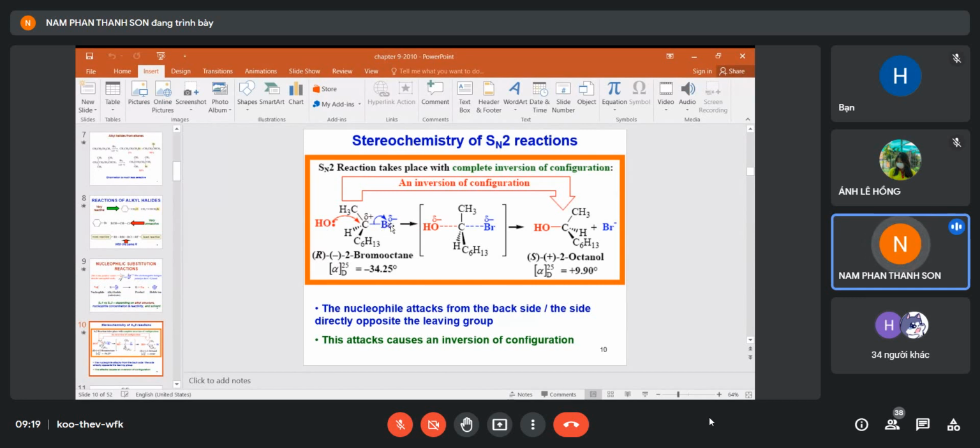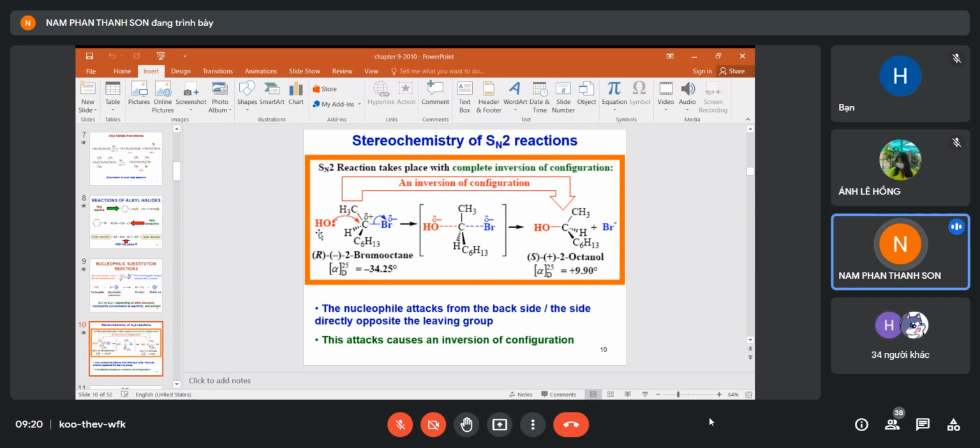The bromine occupies this space, so because of steric effect, the OH anion will attack from the opposite side. If the Br is on the left, the OH will attack from the right, and if the Br is on the right, the OH will attack from the left.